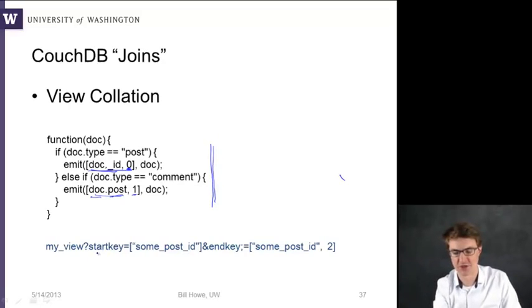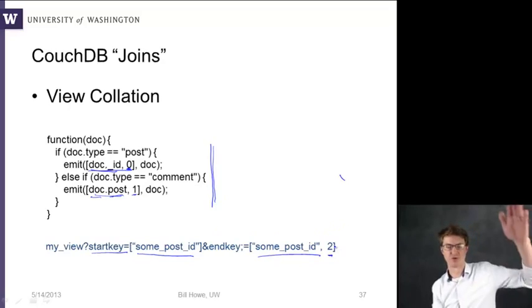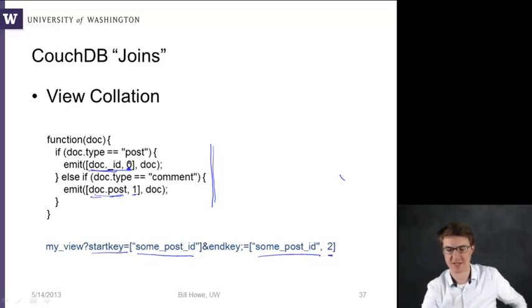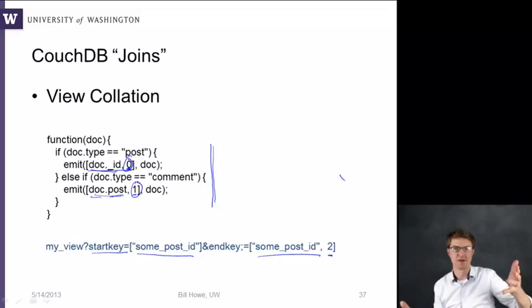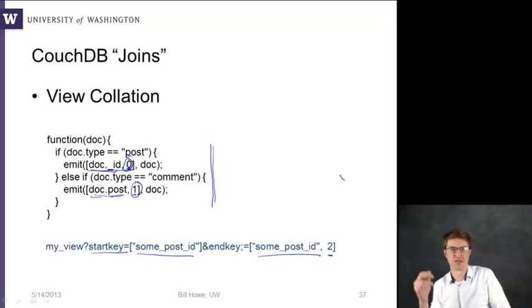Say a client application could query it like this, where they say start key is just the post ID without the extra prefix at all, and the end key is post ID with the number 2. And so now this gets the full range of the post ID which has the key of 0, followed by all the comments with a post ID of 1. So you got everything in one big list. And now you could process it in order to show it in the application. So you essentially constructed the join by cheating with the order.